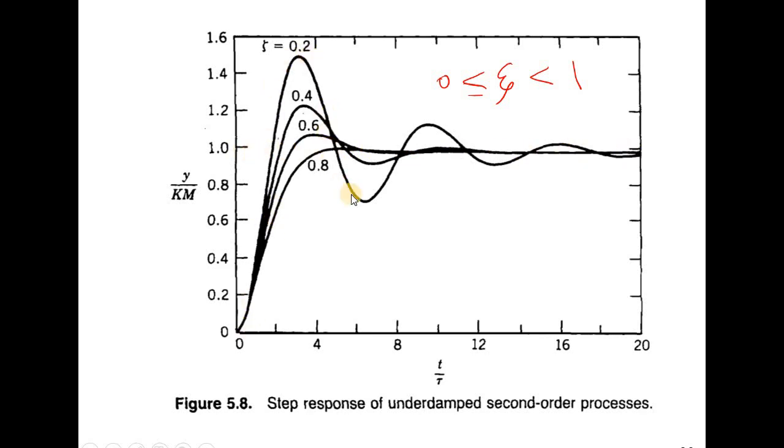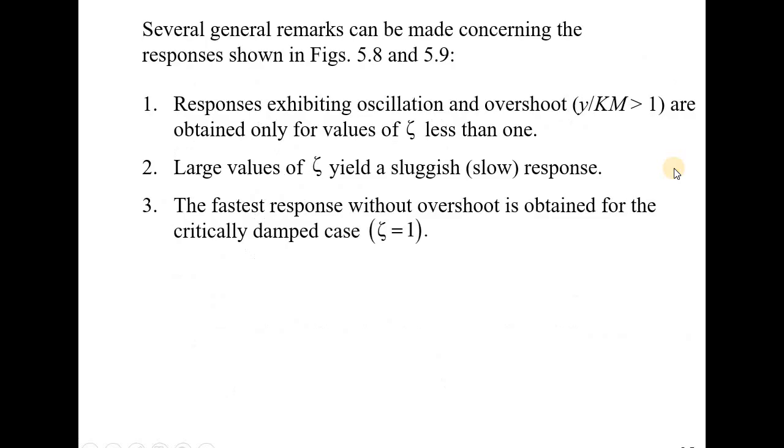So it overshoots and goes down and so on till it decays because of the exponential terms. So what do we have here? The responses exhibiting oscillation and overshoot are obtained only when values are less than 1. We already said that, right? So it's less than 1, however, of course, greater than or equal to 0.